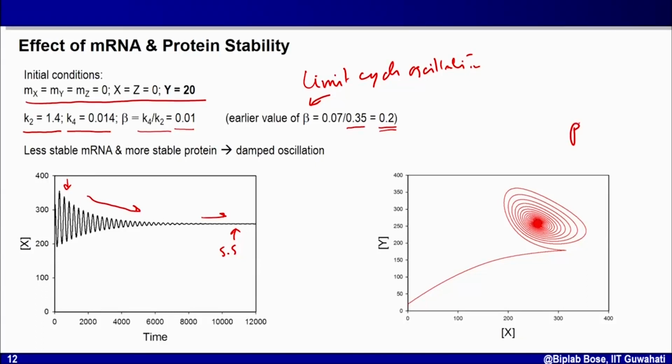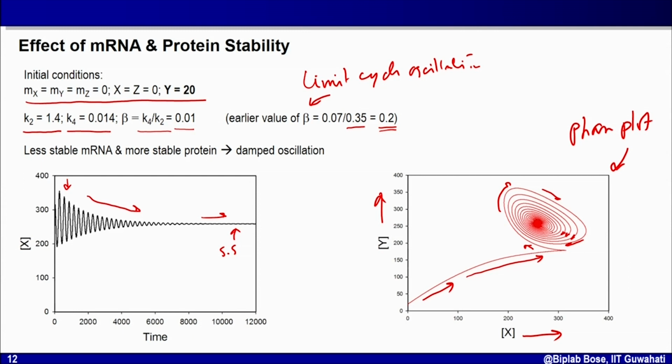If I draw the phase plane of that, I have a phase plane plot here with X in the horizontal axis, Y in the vertical axis. So this is my trajectory. Initially things increase, then oscillation starts. The trajectories of these oscillations are collapsing because they are becoming smaller in amplitude.